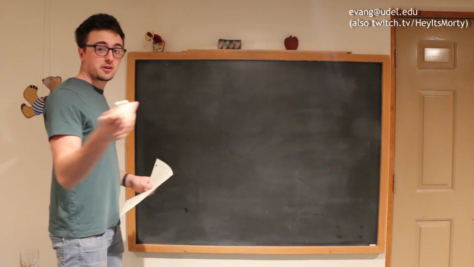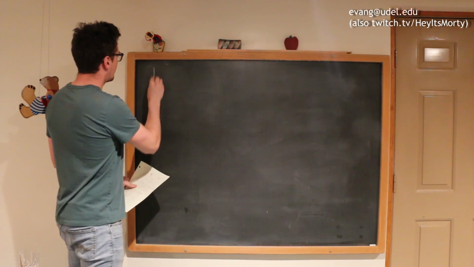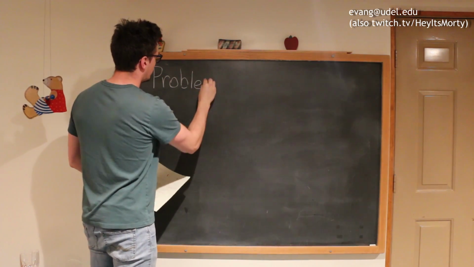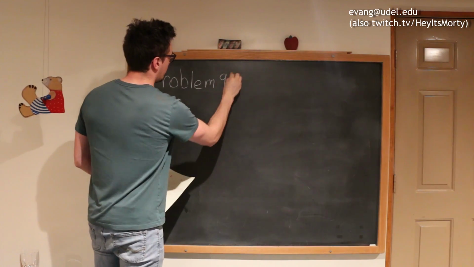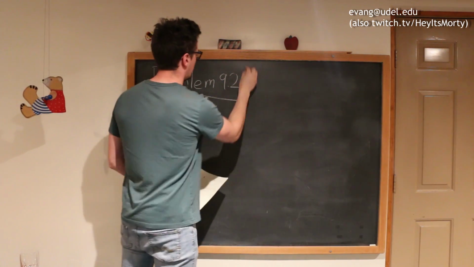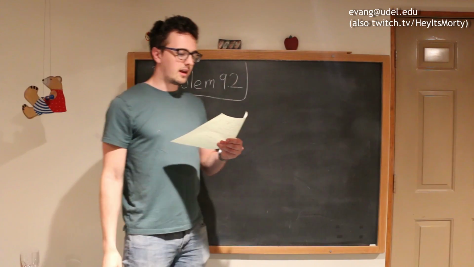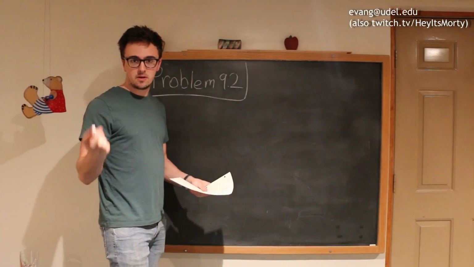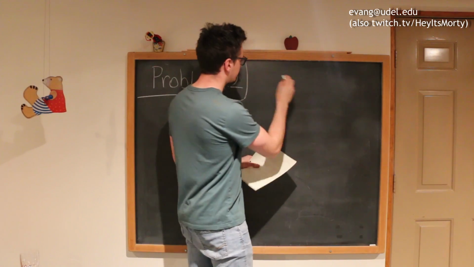The question I'm going to go over with you today, from the book, is problem 9.2. The problem is about a flow going between two parallel plates.